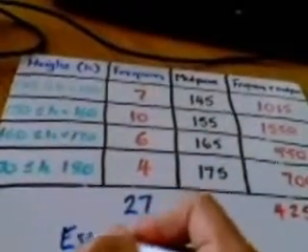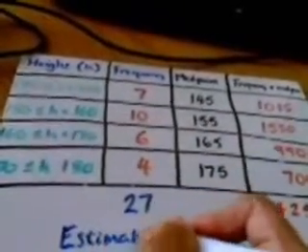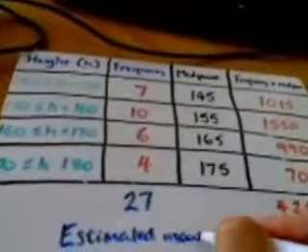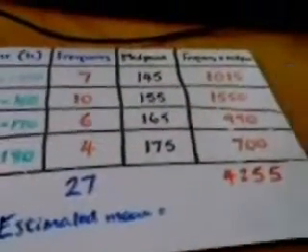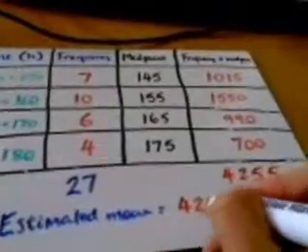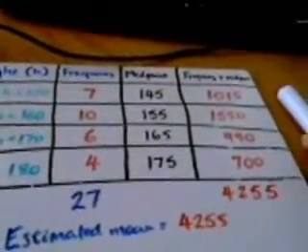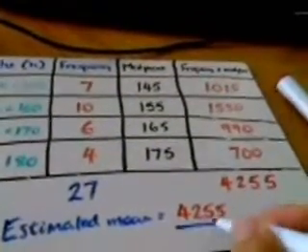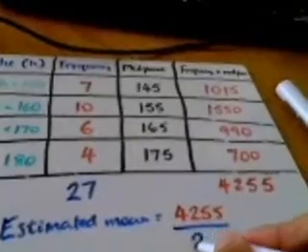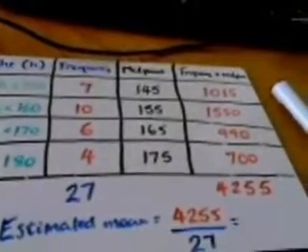So our estimated mean will therefore be the sum of all the heights, which is 4,255, divided by the number of people in the survey, which was 27.